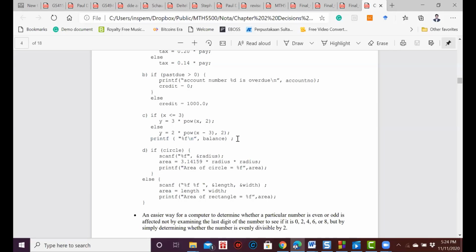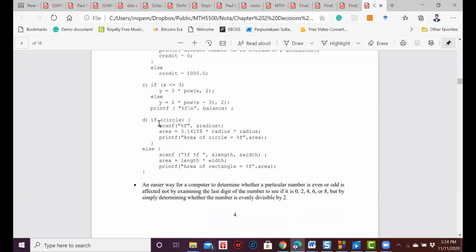So this printf statement is outside the if else statement, not part of the if else. It will always be executed, not depending on the if else statement.